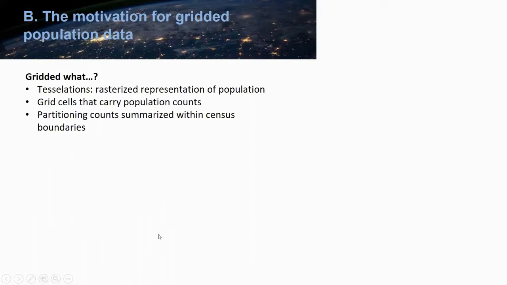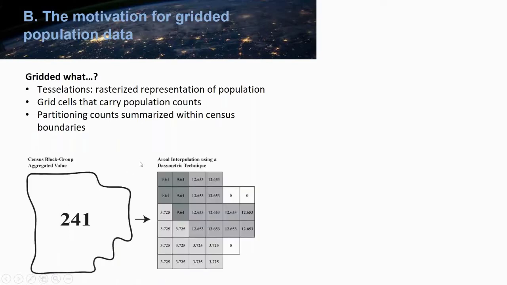A few comments on the basic motivation before we go into methodological frameworks. The idea of rasterizing population has the goal to reallocate or partition census data that have been collected and used for a long time. For example, a block group analytical unit, as you can see here on the left.